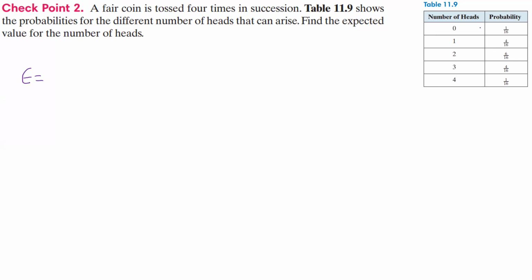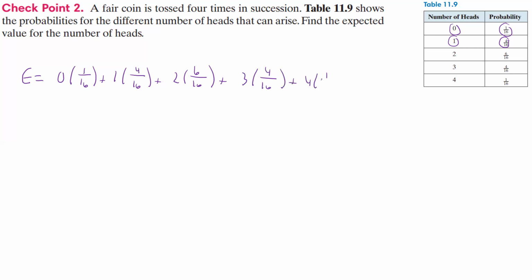Well, we just take the number of heads, 0, times its probability, plus the number of heads times its probability, and we just keep working our way across or down. So 0 times 1/16, plus 1 times 4/16, plus 2 times 6/16, plus 3 times 4/16, plus 4 times 1/16.